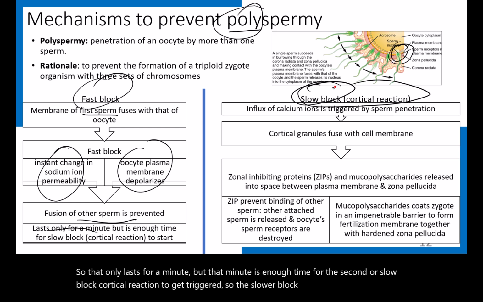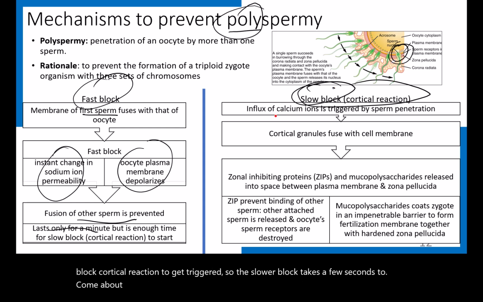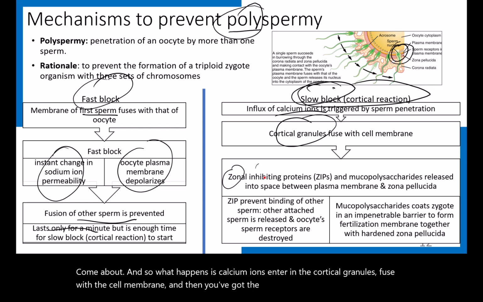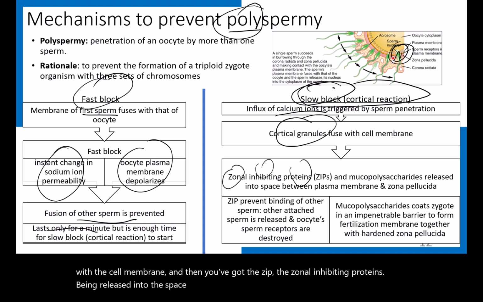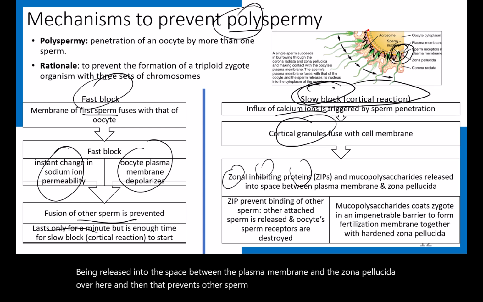The slower block takes a few seconds to come about. And so calcium ions enter in, the cortical granules fuse with the cell membrane, and then you've got the ZIP, the zonal inhibiting proteins, being released into the space between the plasma membrane and the zona pellucida over here. And that prevents other sperm from binding to the zona pellucida.